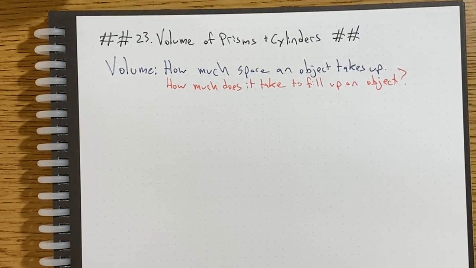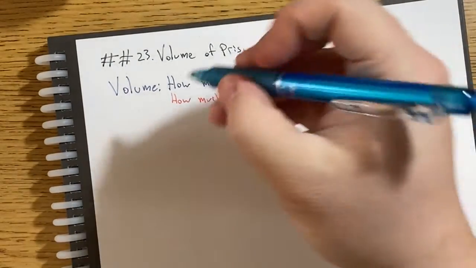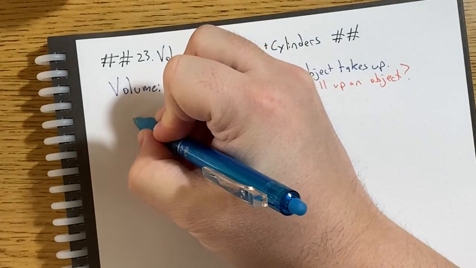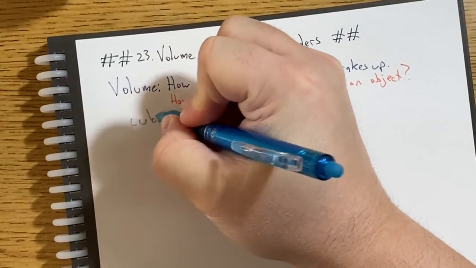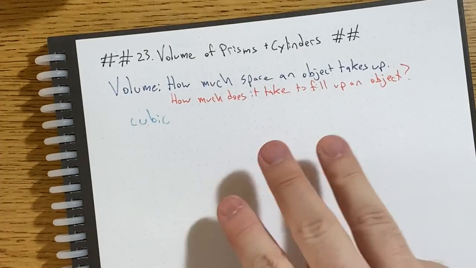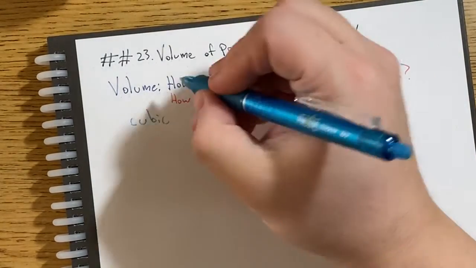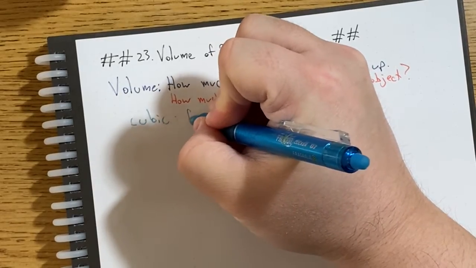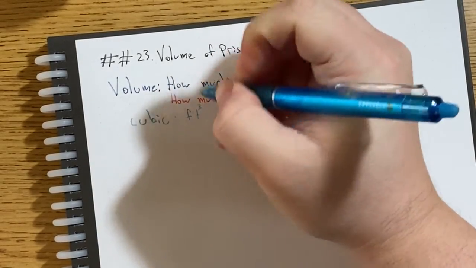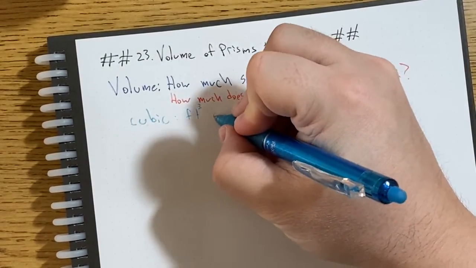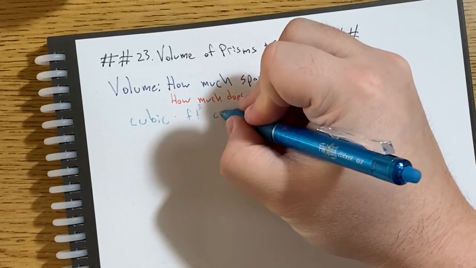Volume is measured in many different things, but just so you know, these units are cubic because in volume there are 3 dimensions: length, width, and height. So you'll see me writing things like feet cubed, which means cubic feet, or centimeters cubed.